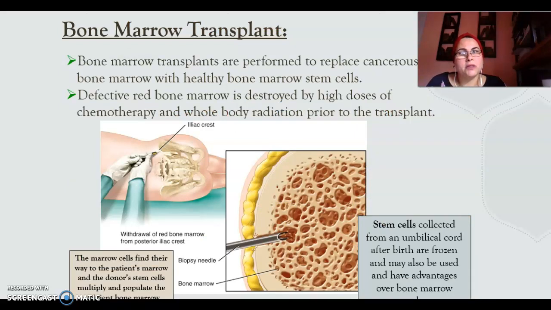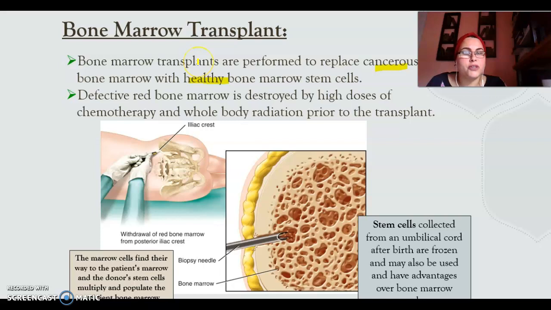We all heard about the process of bone marrow transplant. These are performed to replace cancerous red bone marrow with healthy bone marrow stem cells. It's a hard process involving several steps. First, we need to find a matching patient from which we can take the bone marrow.